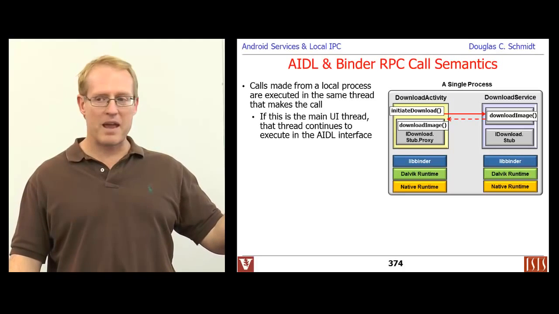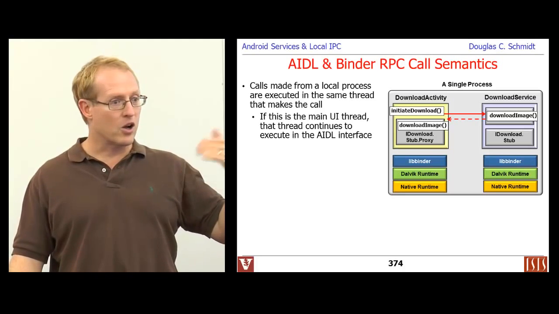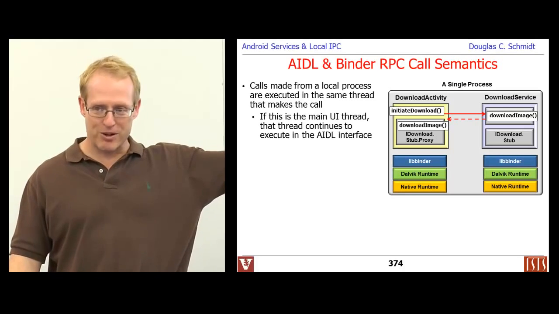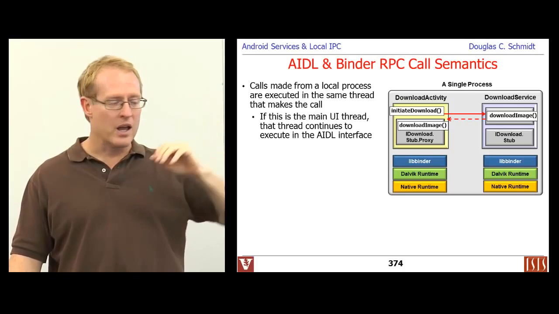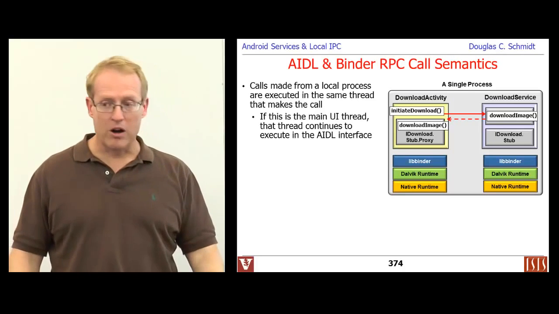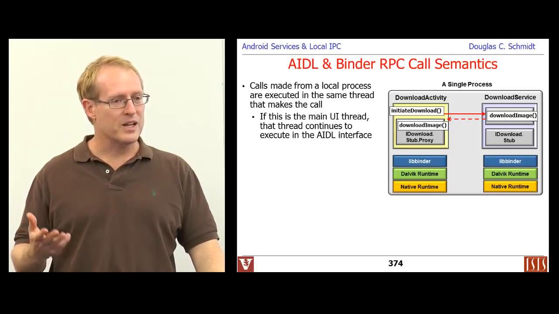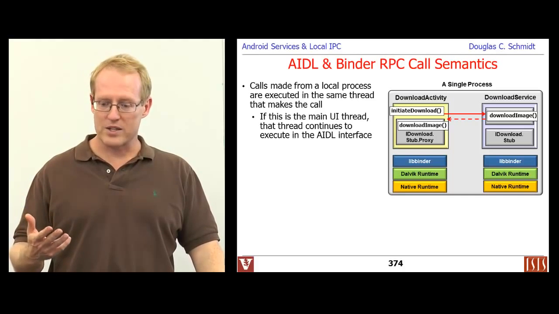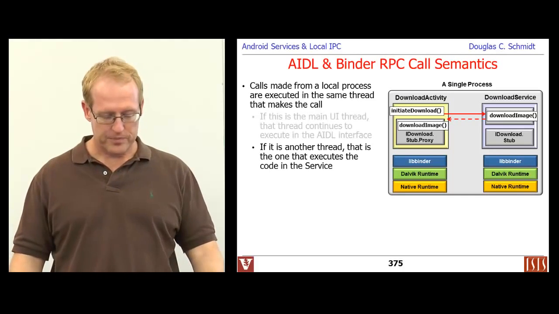So if you're calling in the main thread of control, the UI thread, the call will actually be run in the main thread of control. So it's just borrowing the thread of control in order to be able to run the request. So that's just a direct call.